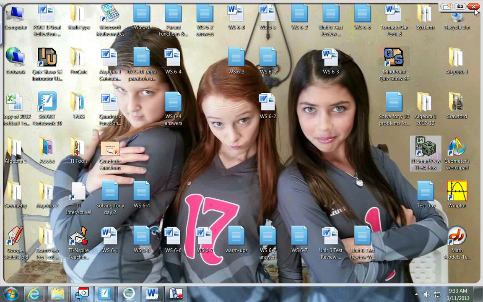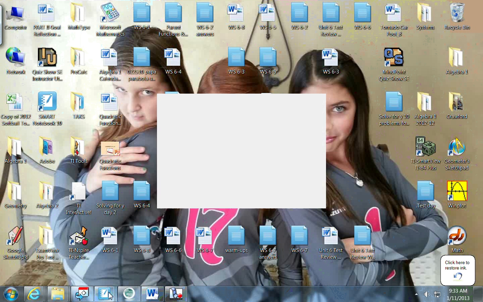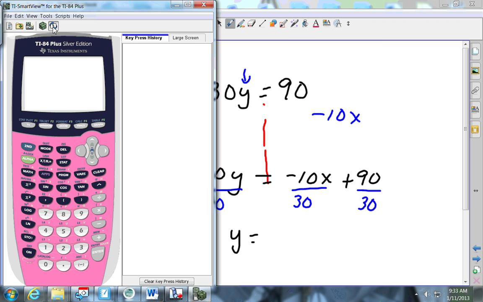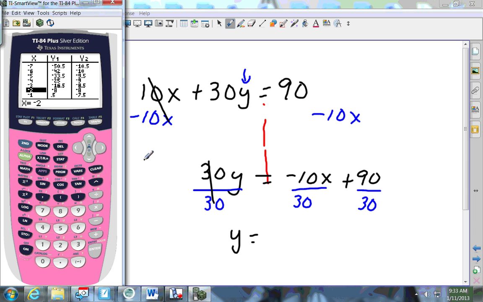Let's see here. To reduce the fractions in the calculator, all you do is go into the home screen.